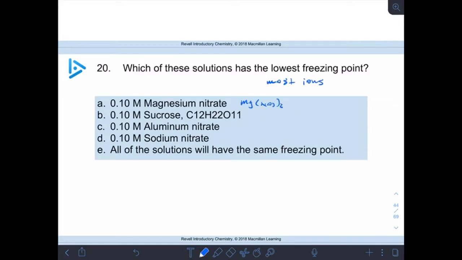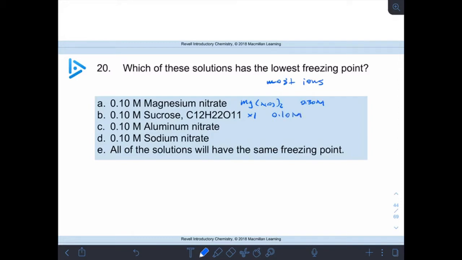So that one's going to have 3 ions, so we get a 0.3 molar for that one. Sucrose, that's a non-electrolyte. Okay, that one has no metals and no ions. So we get 1 particle for every molecule, right? So this one's just times 1. So 0.1 molar here.